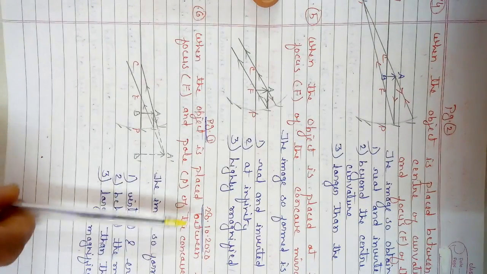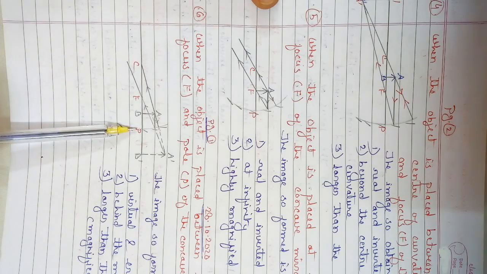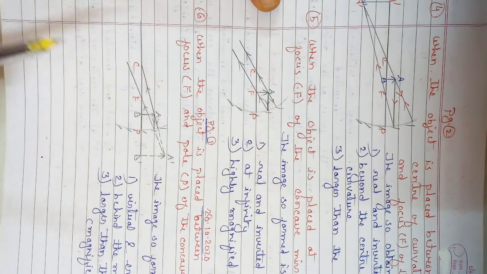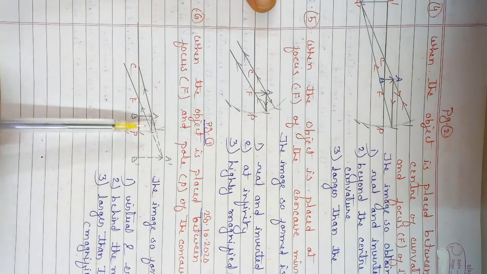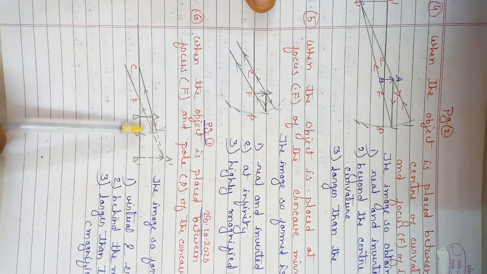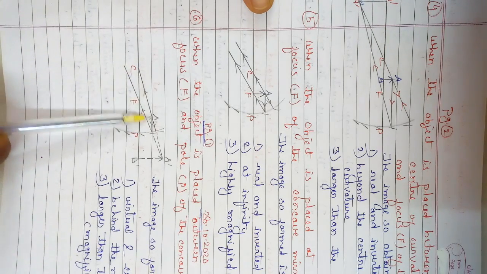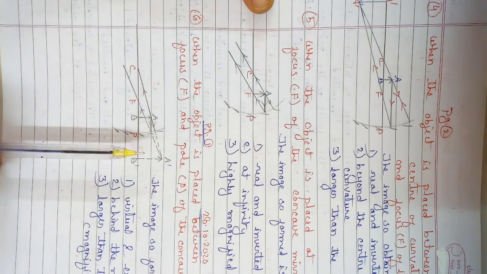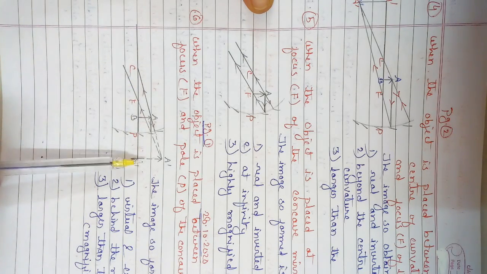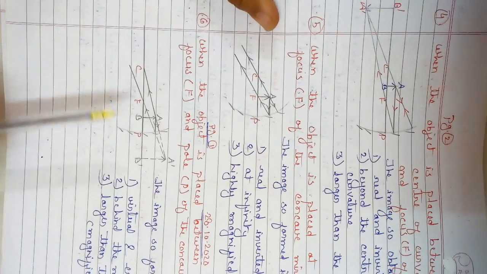The last position is when the object is placed between the focus and the pole of the concave mirror. Here we can see that again we are considering one ray which is parallel to the principal axis, and the ray which is passing through the center of curvature. Here we are going to get a virtual and erect image behind the mirror.